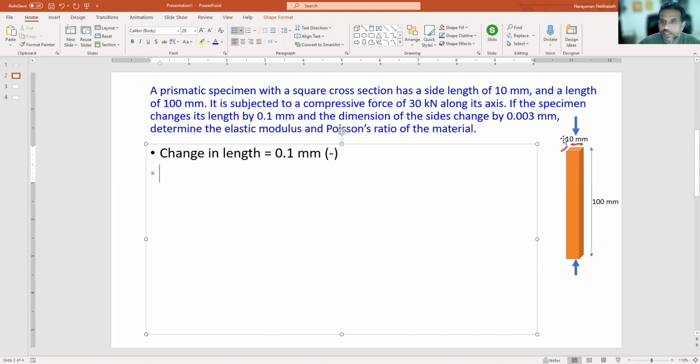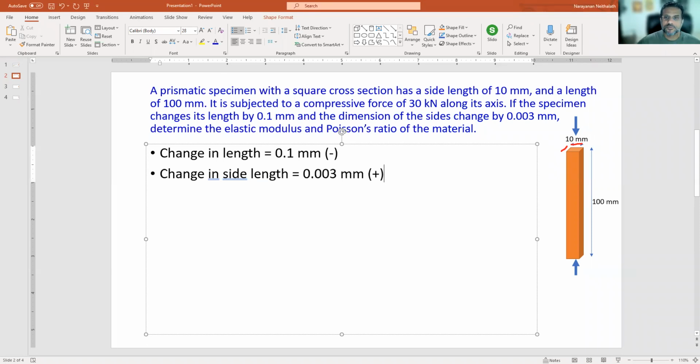Dimensional sides change by 0.003. Change in side length is 0.003 mm, right? When I'm squishing it, the cross-sectional area increases. Therefore, change in the side length increases. I can now write that as positive.